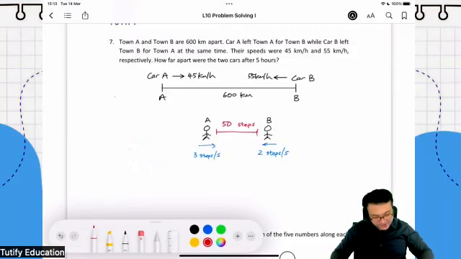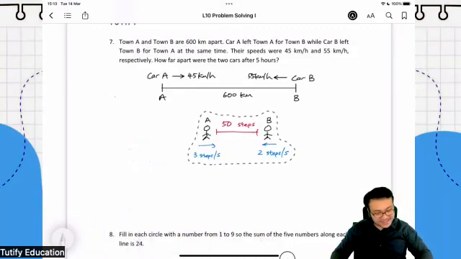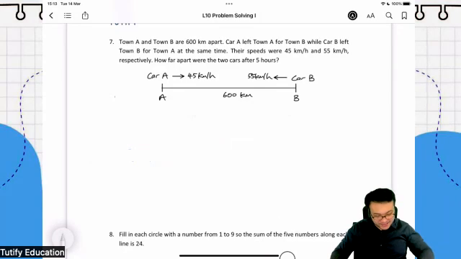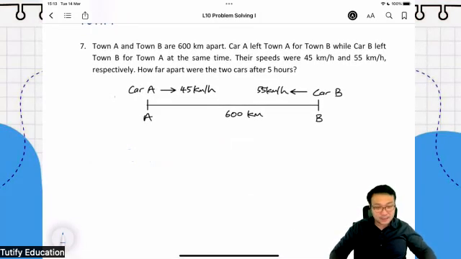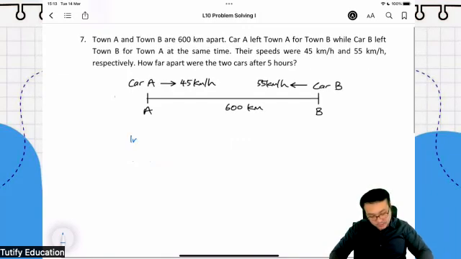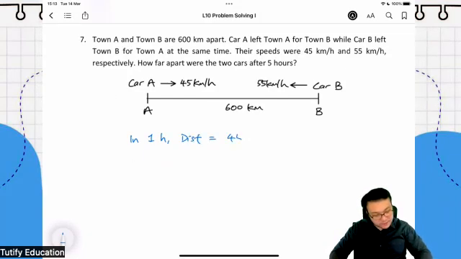Okay, good. So everybody understands it takes 10 seconds to meet. So in the same way, what we are going to do with these two cars is we are going to say that in 1 hour, what is the distance both of them can travel? Car A is going to travel 45. Car B is going to travel 55.